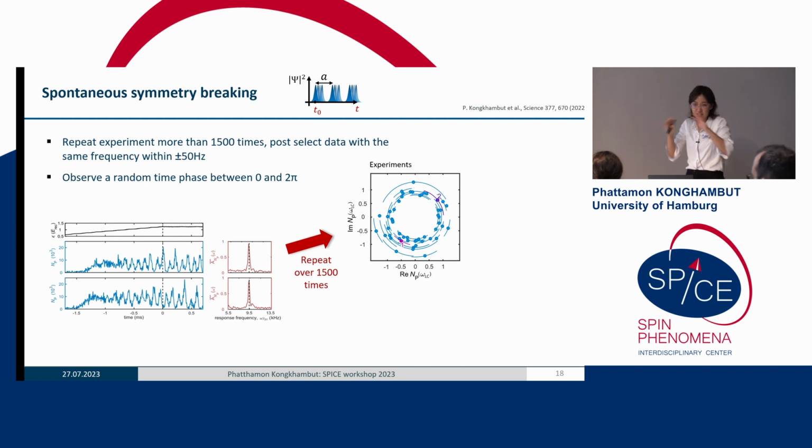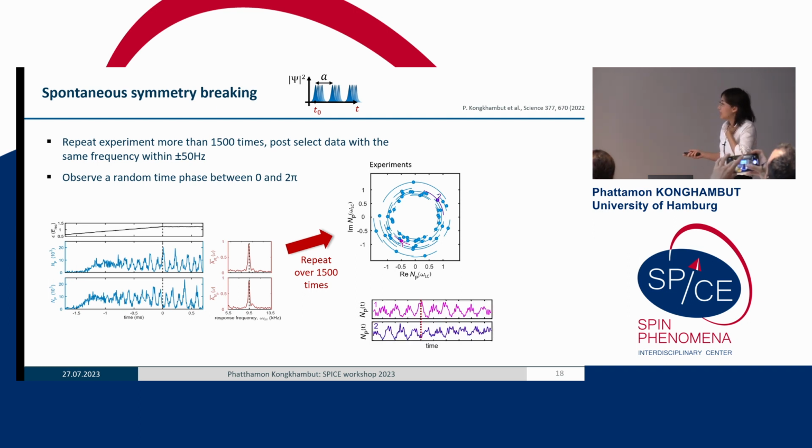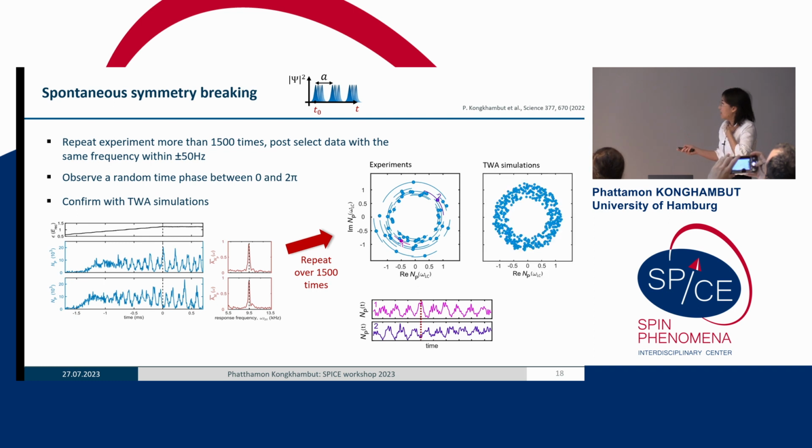So there is no preference over all of these time phases. And we can also prove by our theory that this is really the case. So yeah, we prove that we see something oscillate, and we have spontaneous breaking of time translation symmetry.